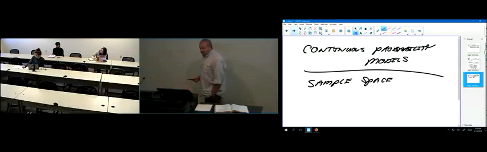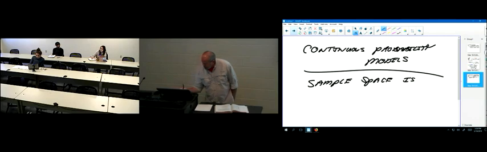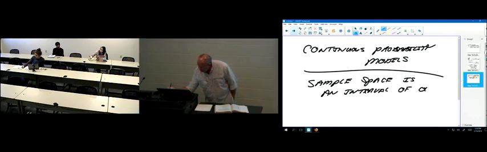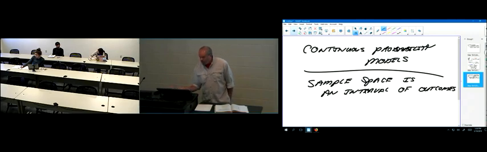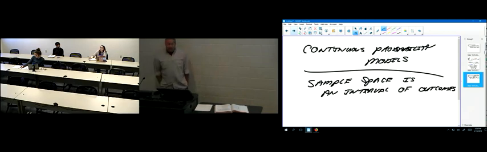They're not finite, right? The sample space is an interval of outcomes. In other words, there's an infinite number of them, and they're uncountable. I have no shot at writing them down whatsoever. Okay?